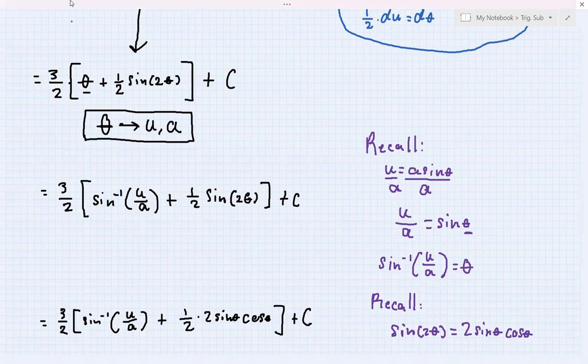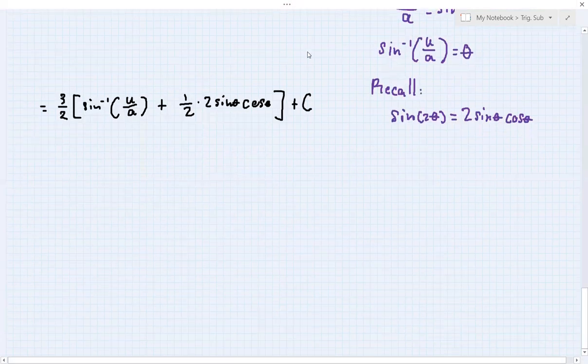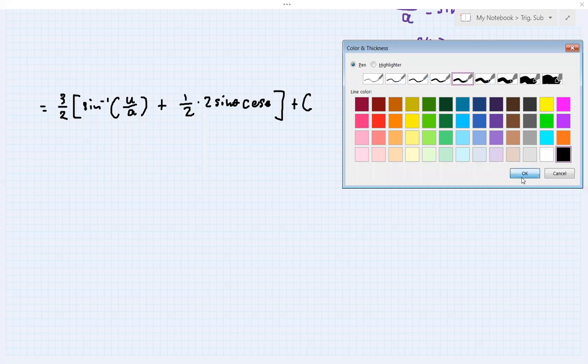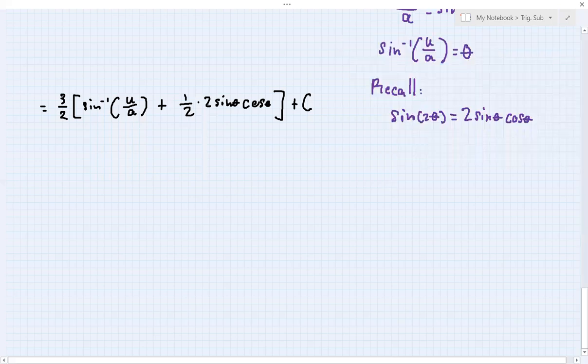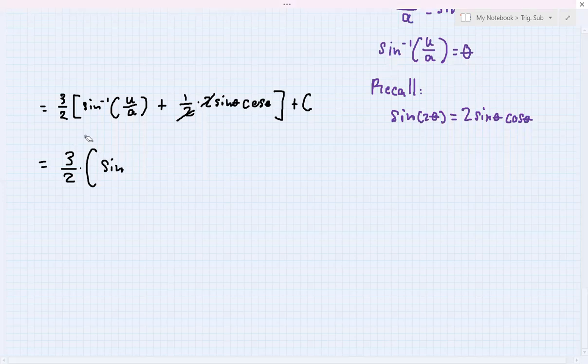Ayan. So since we have 1/2 at saka si 2 rito, makakancel natin yan. So matitira na lang ay si 3/2 times arc sine.